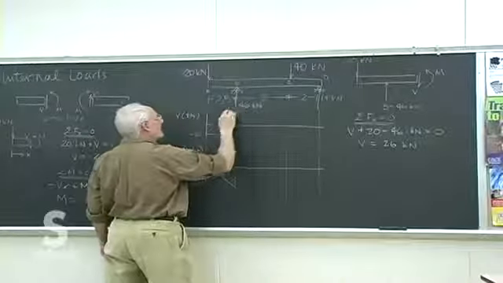But what we can do is notice that this is just a simple pin support, which means there's no additional moment caused by the support. So our line starts from the point where it left off. We can then draw our line from there with the slope of 26 over a distance of 3. Then we can find out how much that moves up.